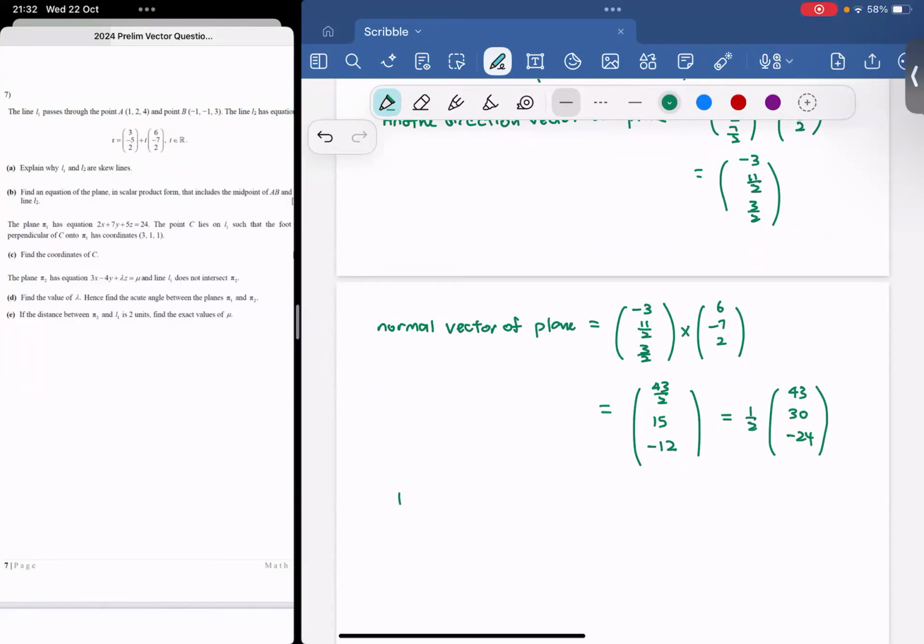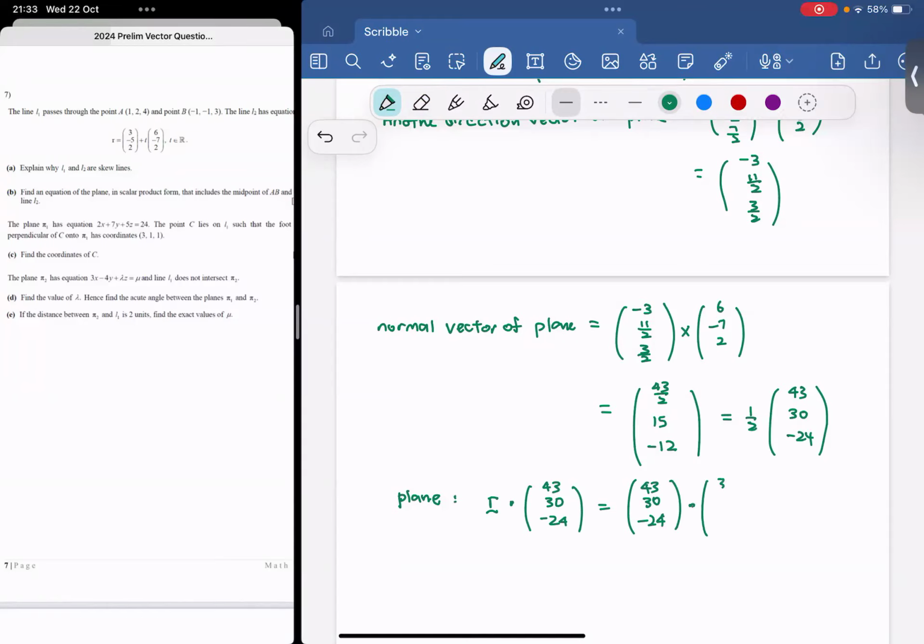So the equation of the plane will be r dot (43, 30, -24) equals (43, 30, -24) dot a point on the plane.